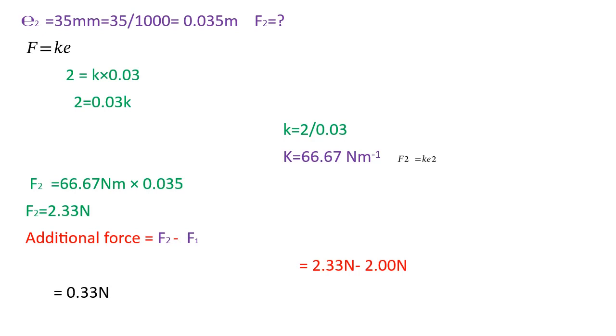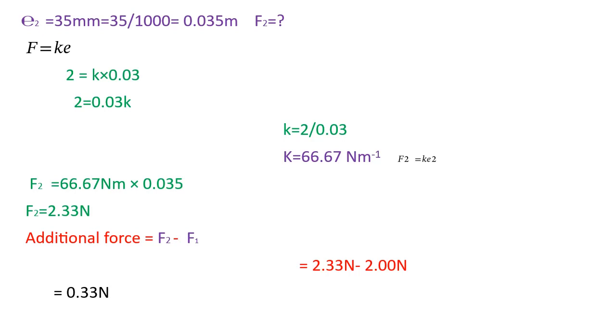But before you can look for the additional force, you must first look for your force constant, or your stiffness. Therefore, using Hooke's law, F equals KE, we have that the force is 2, which is 2 equals K times your extension, which is 0.03.